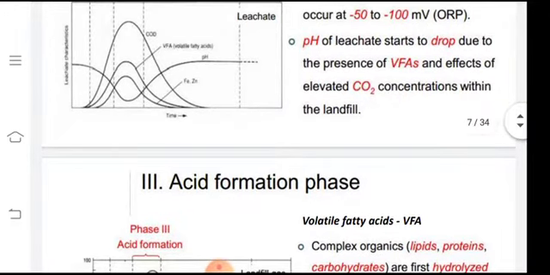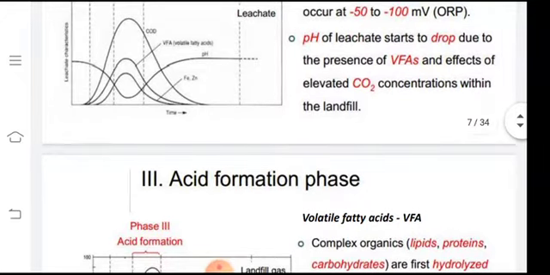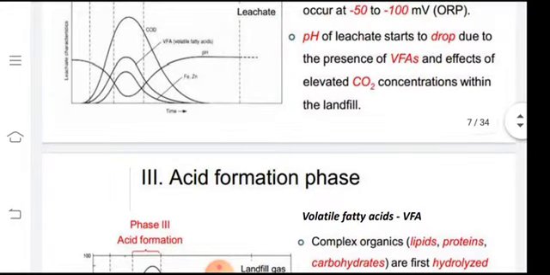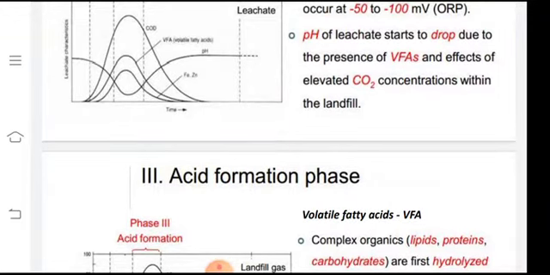At the same time the conductivity will increase, and the solubility of the heavy metals will also increase. So the pH reduction is resulting in excessive COD and BOD levels, increased conductivity, and increased solubility of heavy metals.